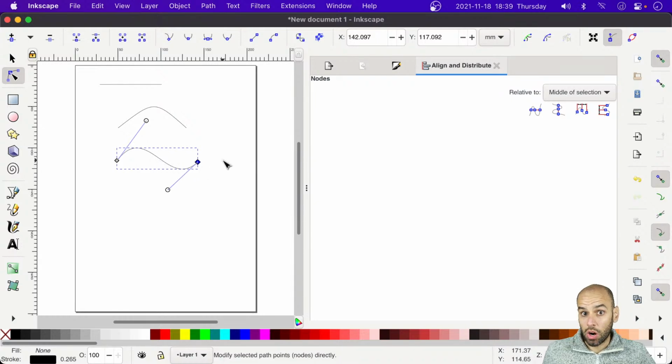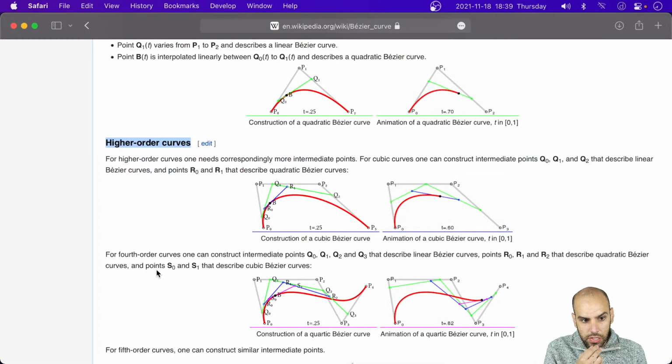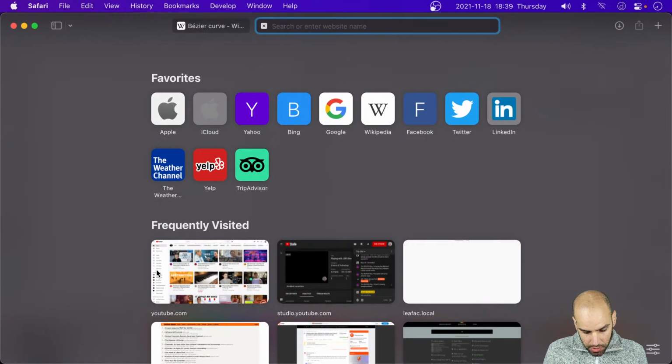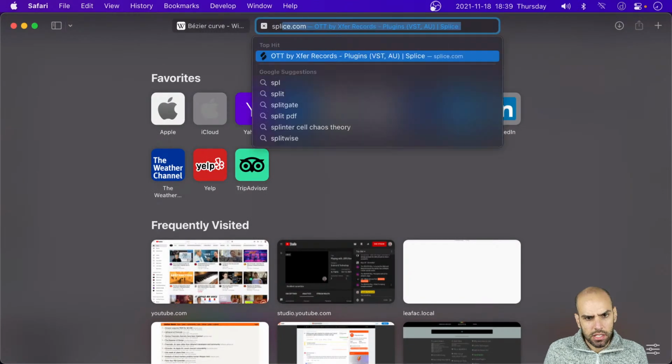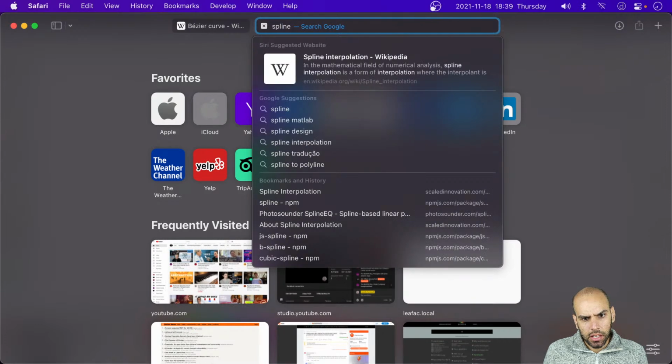Useful for actually drawing the Bezier curves, because in JSFX we cannot draw Bezier curves. We can draw straight lines, but we cannot draw curvy lines. So it may be useful for actually drawing stuff on the screen. In fact, when I was doing the research for this stream, I actually found something super interesting, which is this Spline Eq.